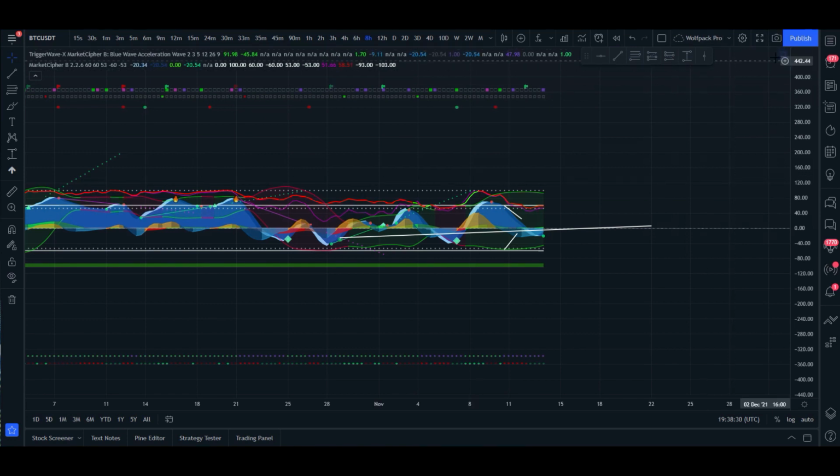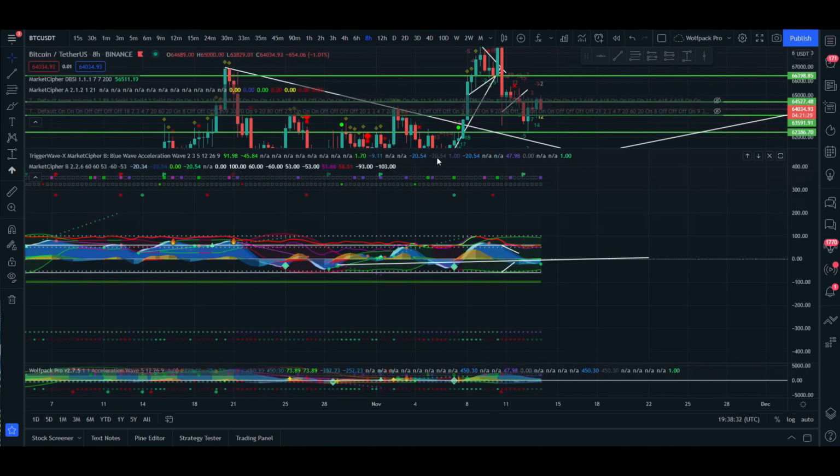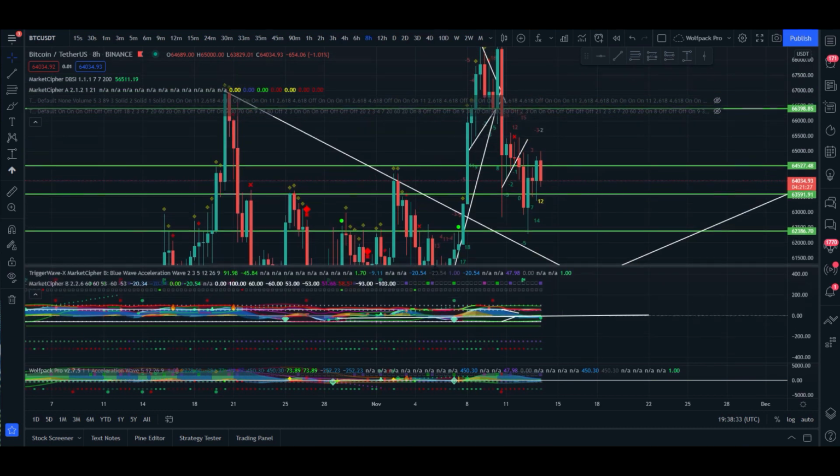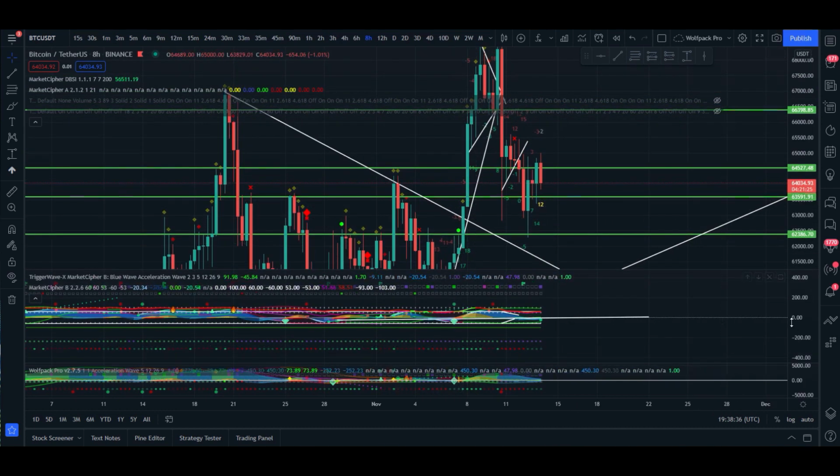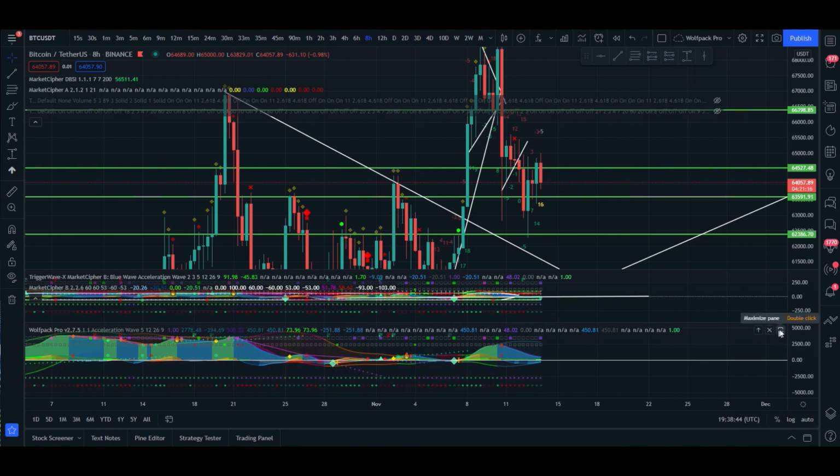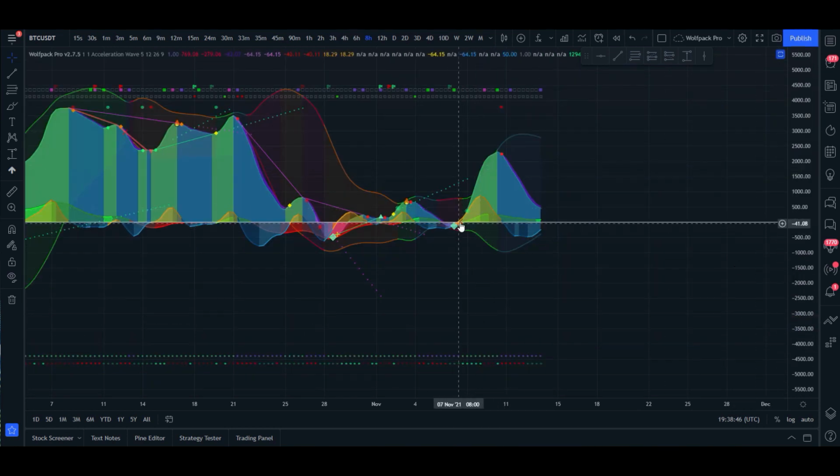Let me see if I can find it on the main Wolfpack Pro. This move, here we go, you can see it. Let me just, too many indicators, not enough space. Right, here we go.